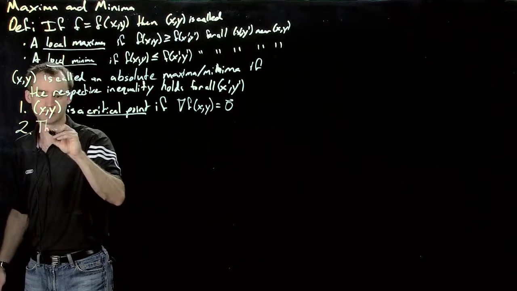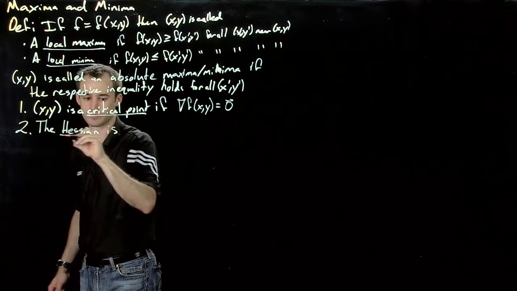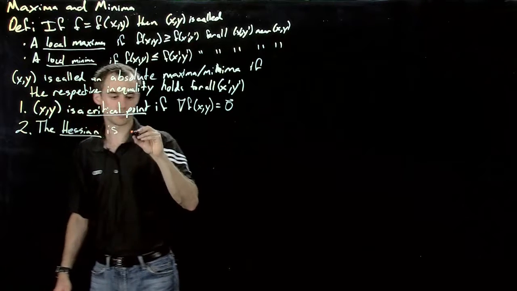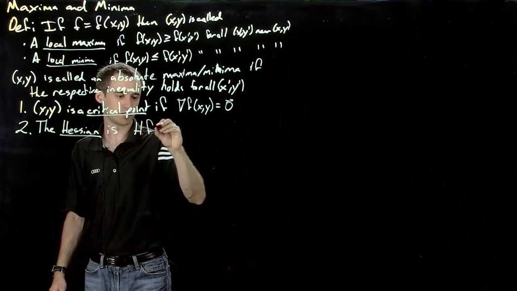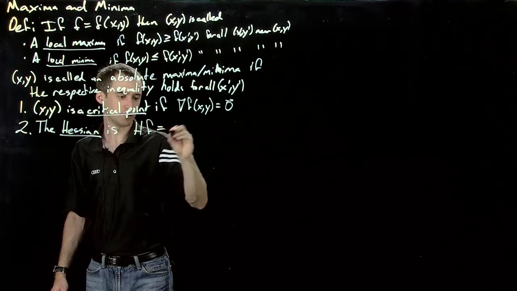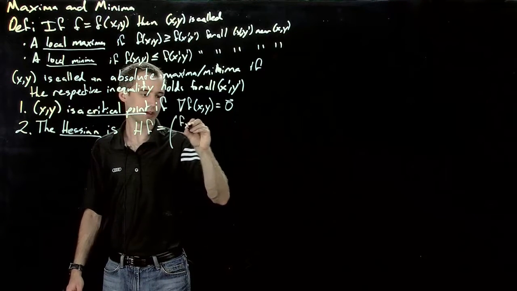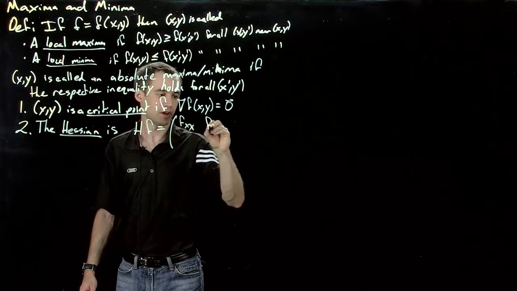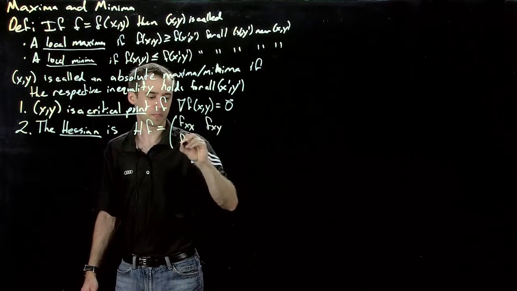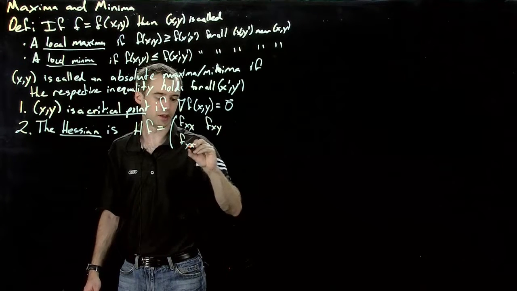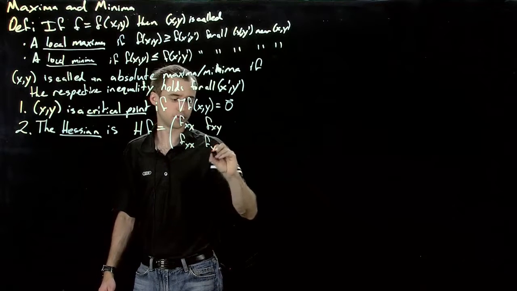So the Hessian H of f is the matrix with entries f_xx, f_xy, f_yx, f_yy.